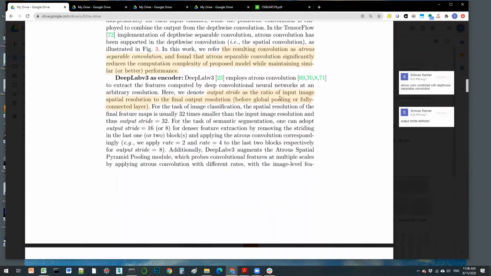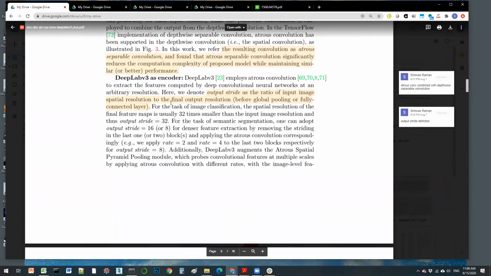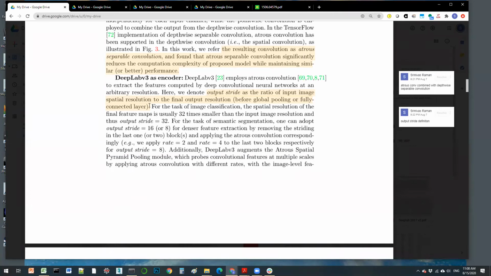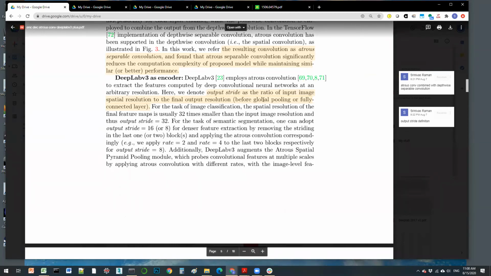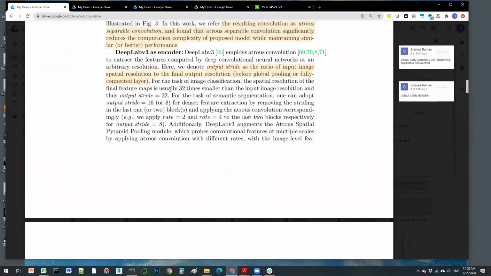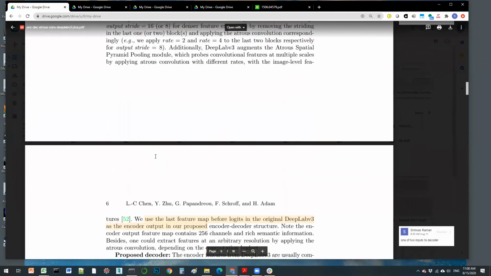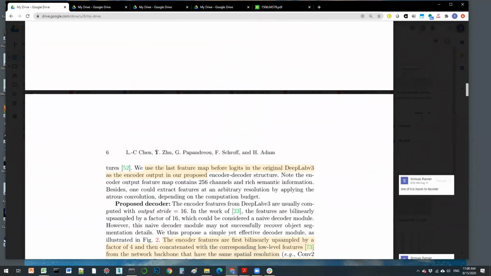And then we already know that output stride is the ratio of the input image to the spatial resolution of the final output. So it's the H by W ratio of input image to the final output before the global pooling or fully connected. As they discussed, it's typically 32, but sometimes it's 16 or 8, and we'll get to what they eventually do.